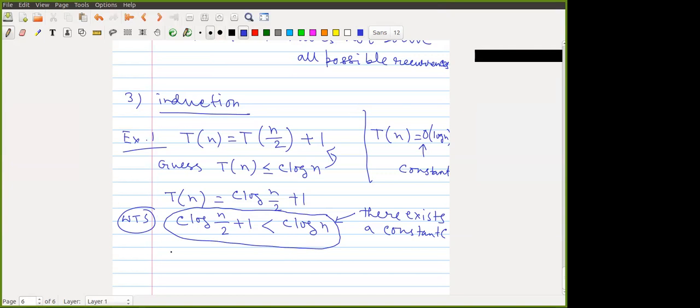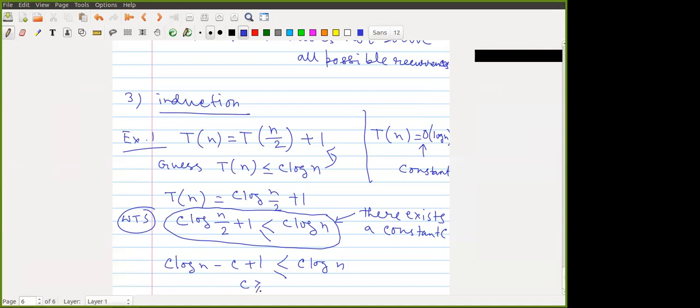It turns out that it is very straightforward. If we expand the left side, it is C log n minus C plus 1, which is at most C log n, right? This holds for C greater than or equal to 1.